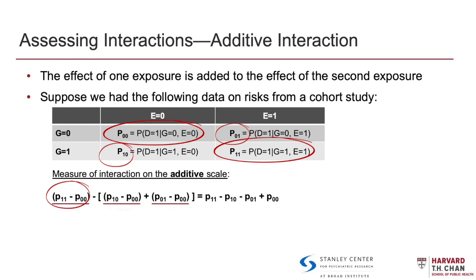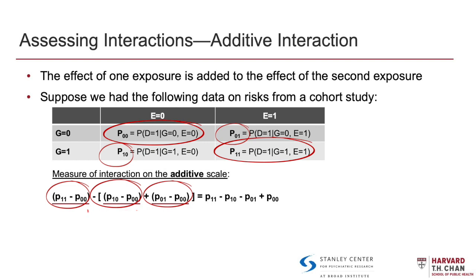So we're computing P11 minus P00, P10 minus P00, P01 minus P00. All we're doing is subtracting the underlying risk from each. This gives us the measure of interaction on the additive scale.